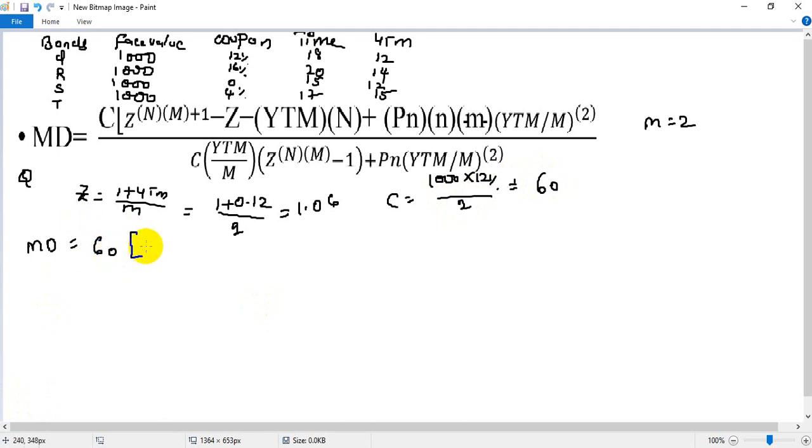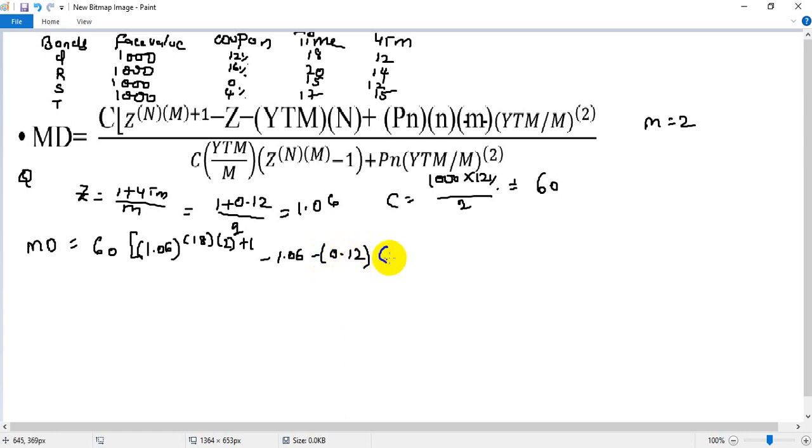Z is nothing but how much we got? 1.06. Power N means how many years? 18 years. He has given you time as 18 years. And M, how much has he given you? M he has given you 2 again. What we have calculated, 1.06, minus 1, minus YTM 0.12.